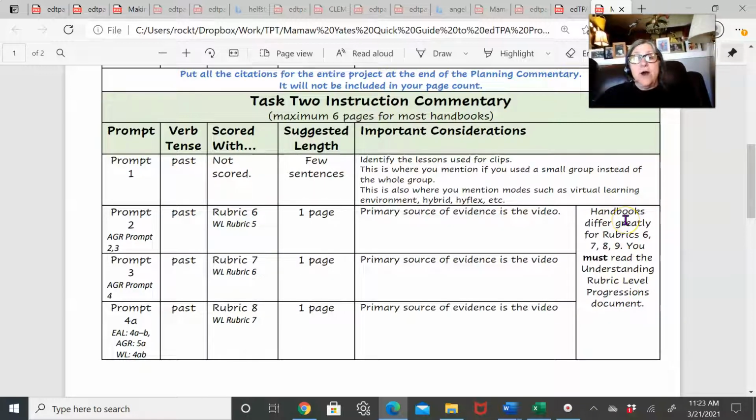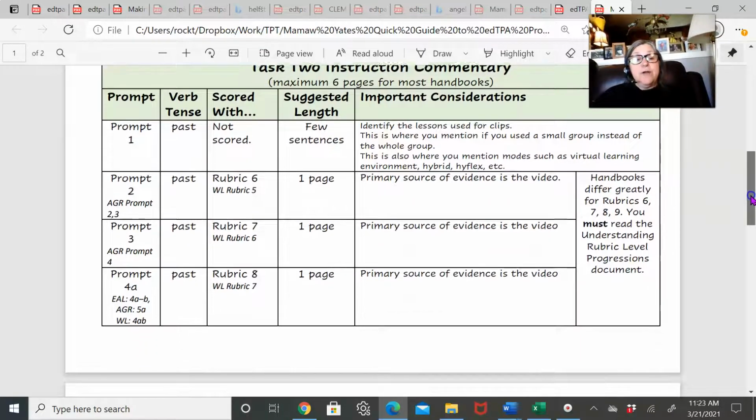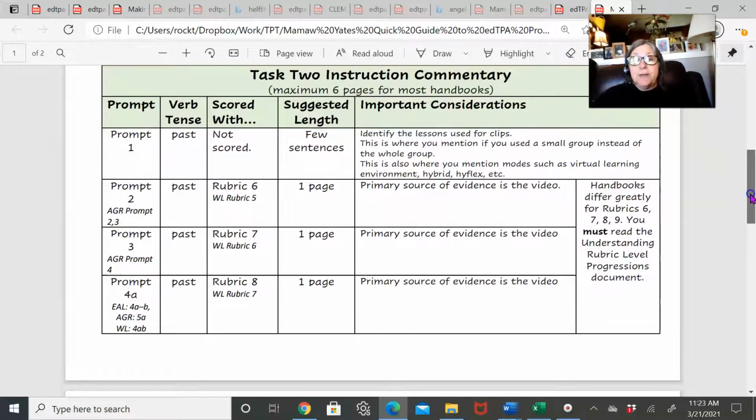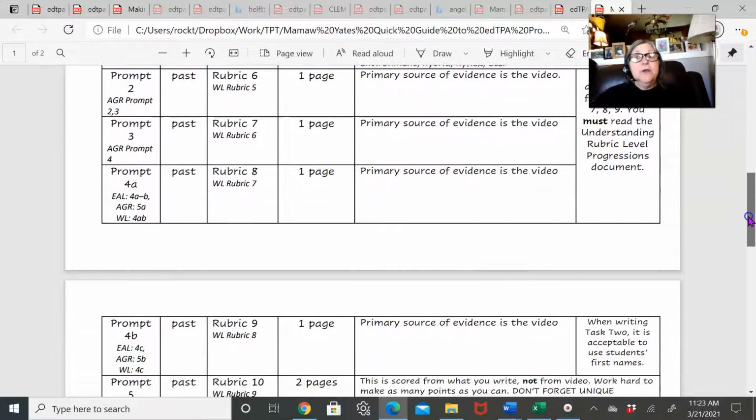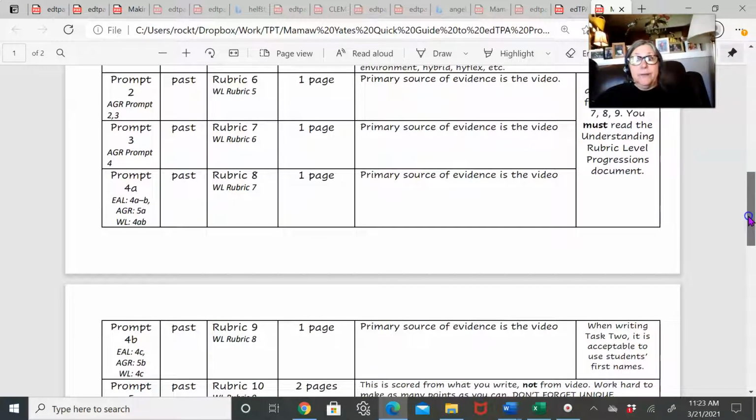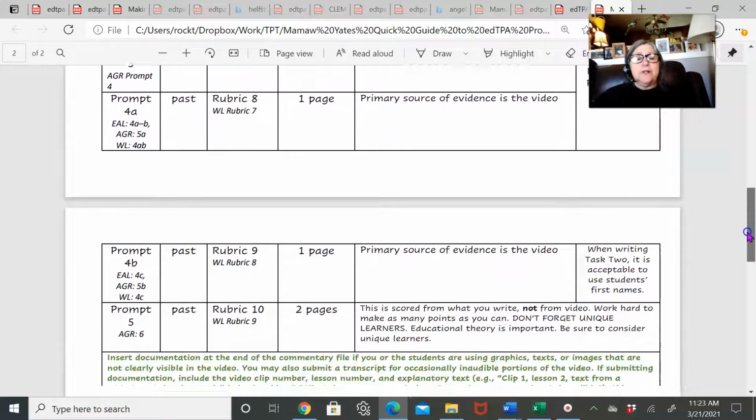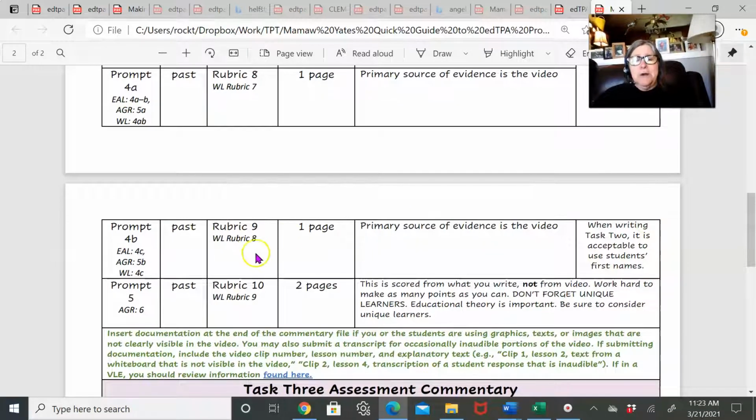Everybody needs to look at their own handbooks for Rubric 6, 7, 8, 9. If you've been talking to someone who did a literacy handbook and you're doing math, you need to look at your own handbook. Everybody's rubrics are different, especially Rubric 9, which is the bane of my existence. So Rubric 9 is just like, somebody shoot me.